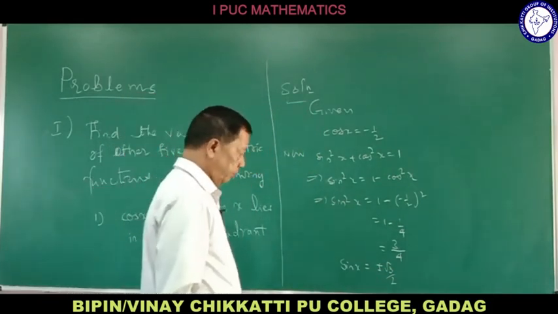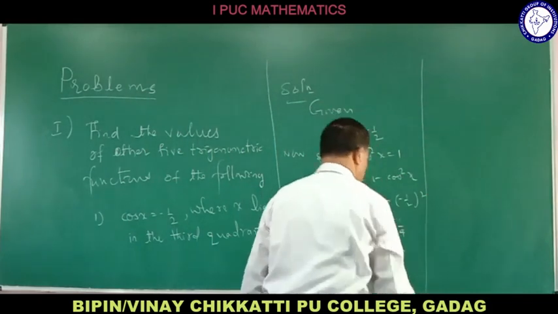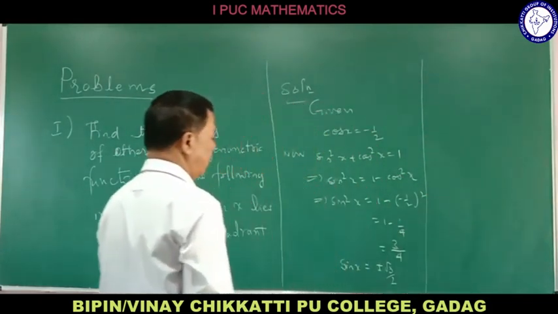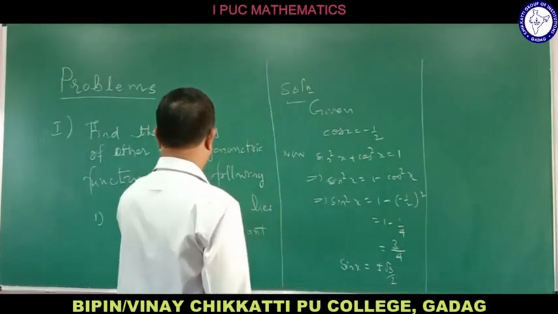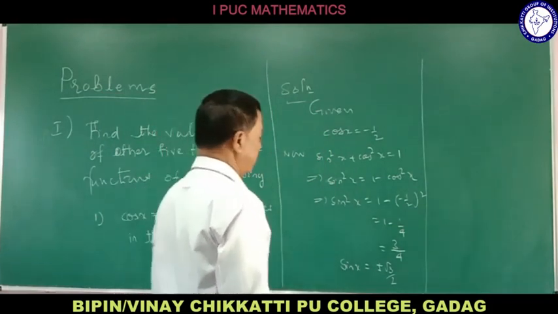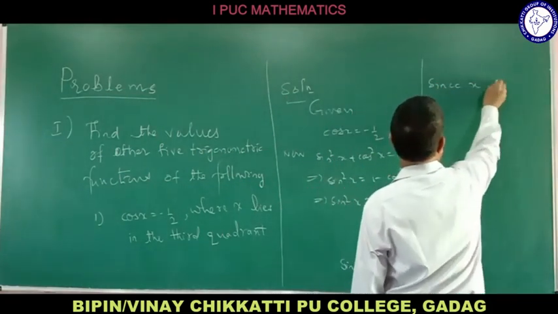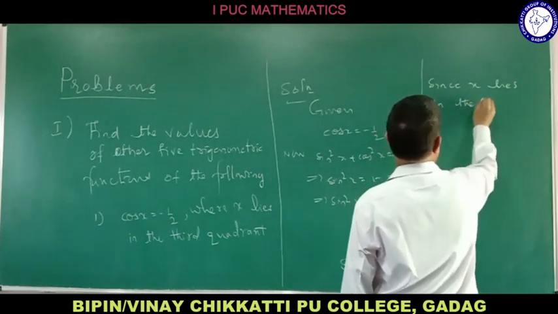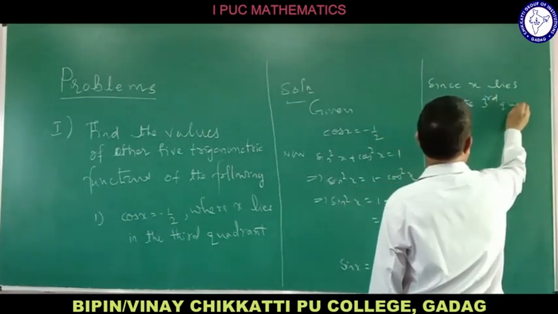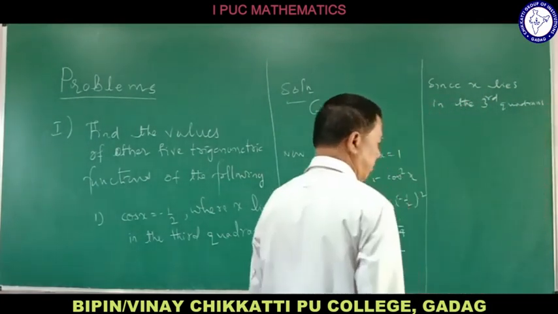Now here sin x is plus or minus root 3 by 2, you have got the 2 values, but you have to select one. That is given, that x lies in the 3rd quadrant. See here, since x lies in the 3rd quadrant, in the 3rd quadrant, is sign positive or negative?